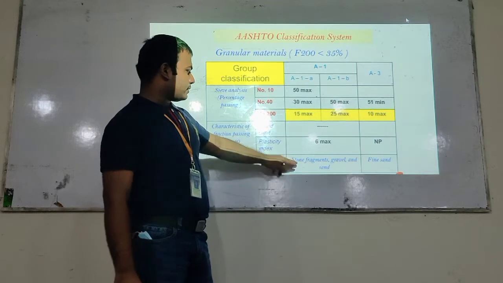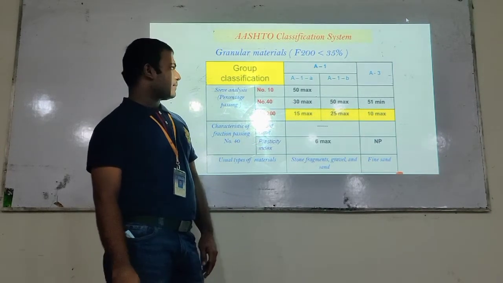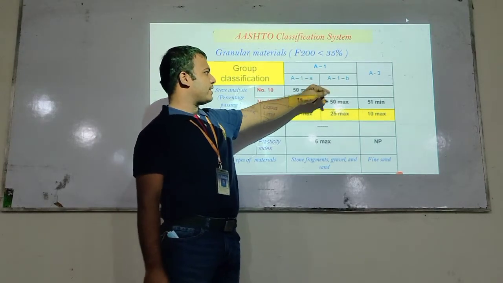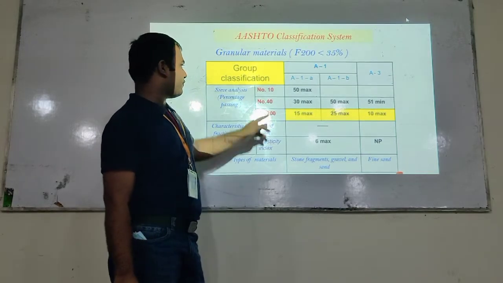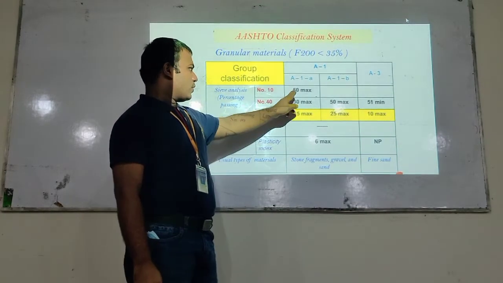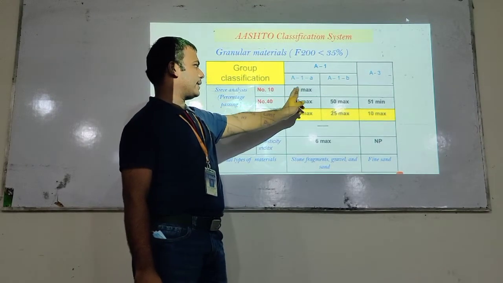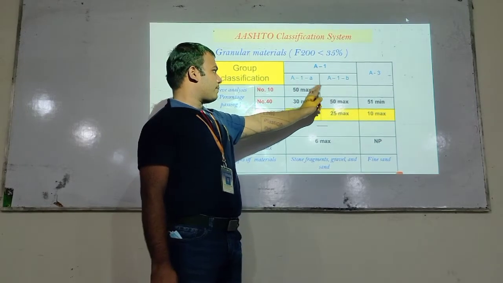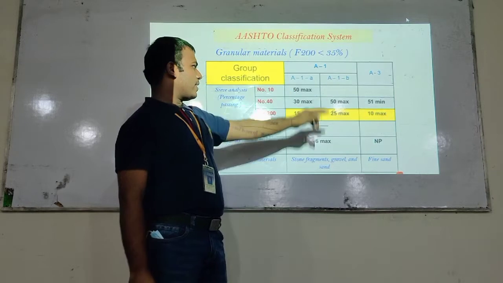Now go to the chart. Here we see stone fragments, gravel and sand. How do we identify them? The A1 category is divided into A1a and A1b criteria. If soils passing the number 10 sieve are more than 50%, they are A1a, and if soils passing number 10 sieve are not more than 50%, they are A1b.